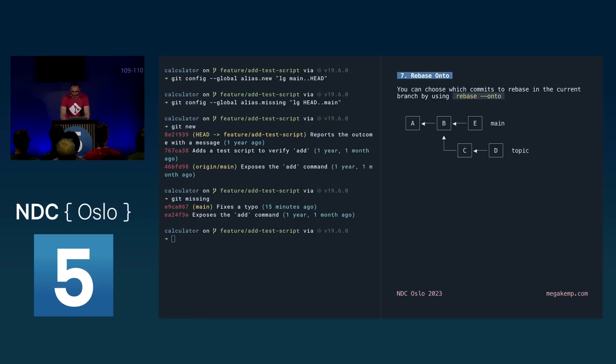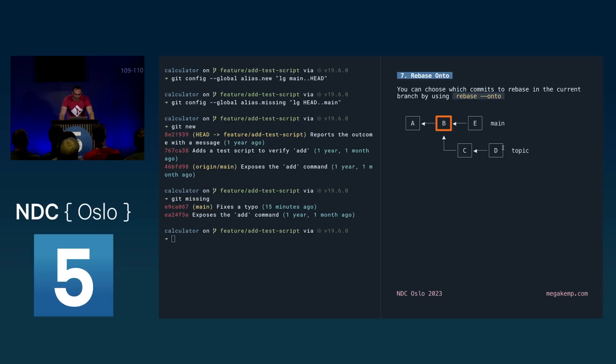Well, let's say that you have a situation like this, which is the one we have. And we have this commit over here that we have now amended. We made a fixup, if you remember. So we changed it.